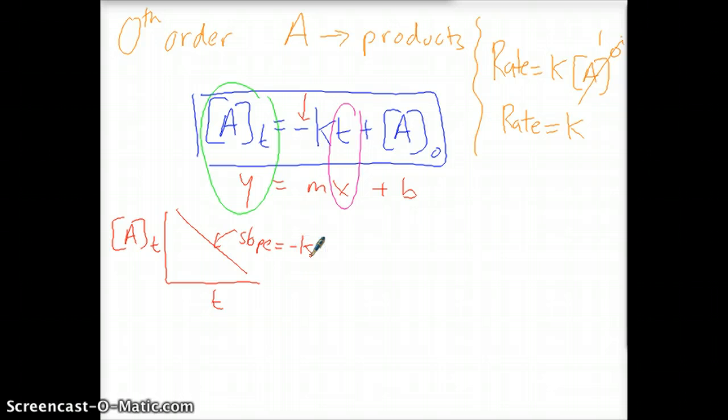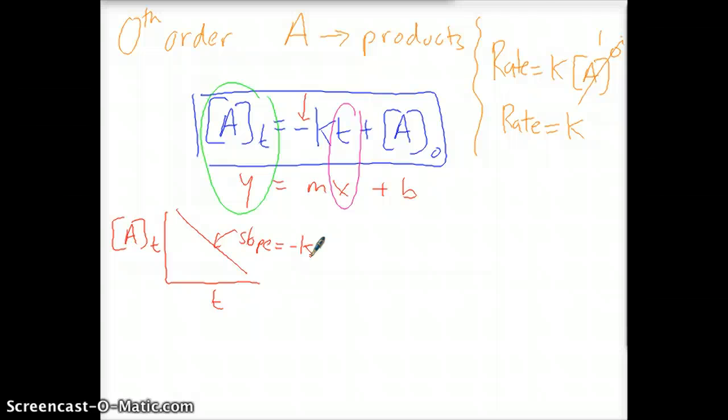Okay? So these are the 3 main orders of reaction that we need to know how to use and recognize. These are all called the integrated rate laws, these 3 equations, because they're determined from integration, which is something used in calculus.